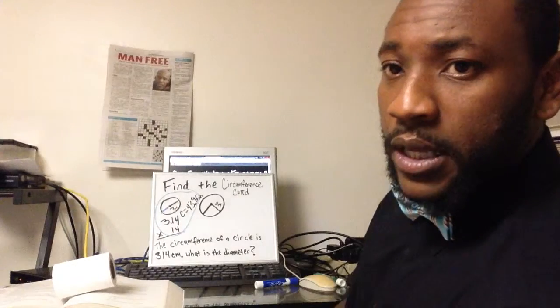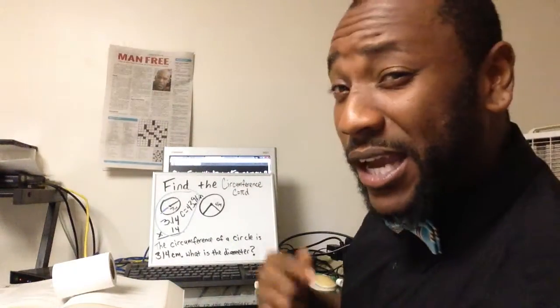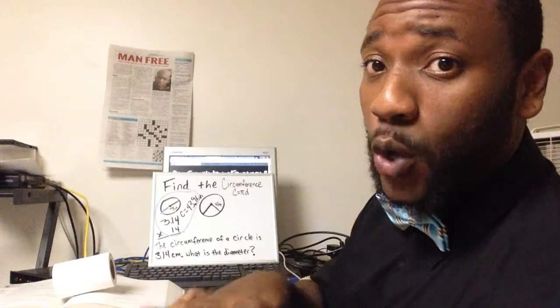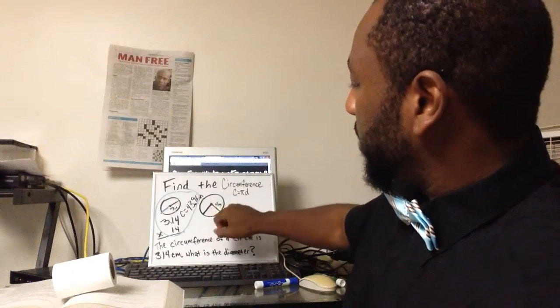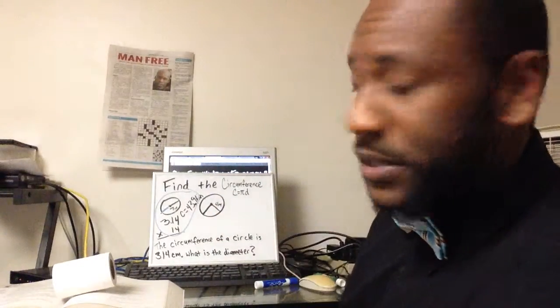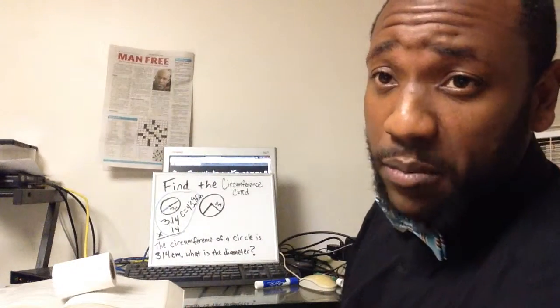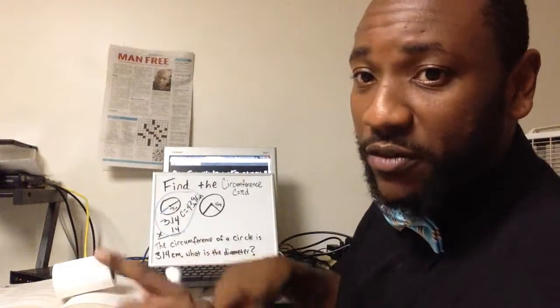Alright? Now, second one, a little more difficult. I told you I got this out of the book. They are trying to play with your mind. Don't let them win. Your line segment here is labeled at 4 meters. This other line segment that you have here is coming from the same endpoint in the middle of the circle, so it doesn't really matter that it's going a different direction.